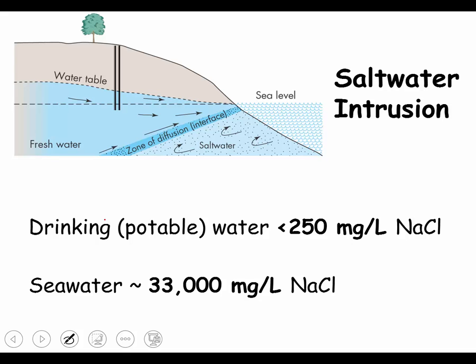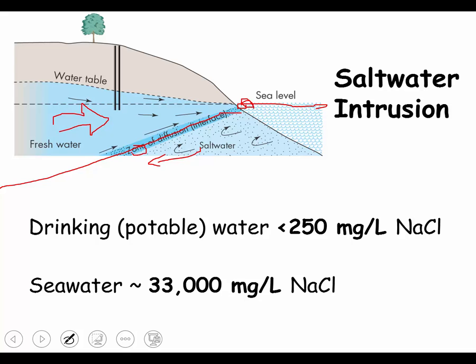The good news is that fresh water is less dense than salt water, so when we look at sea level, there is a zone represented by fresh water floating on top of salt water. So it's a lens, a freshwater lens.